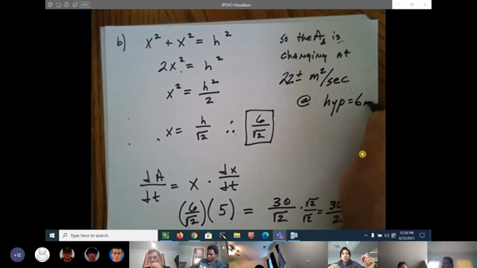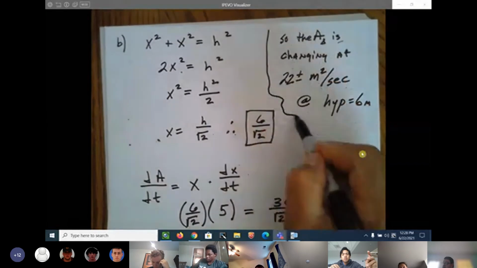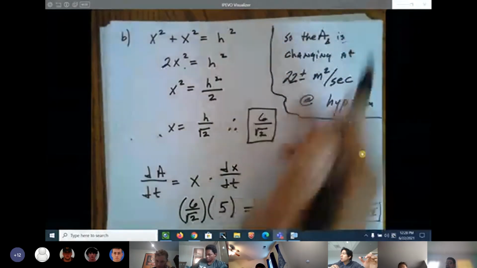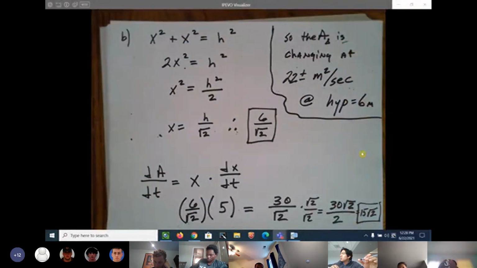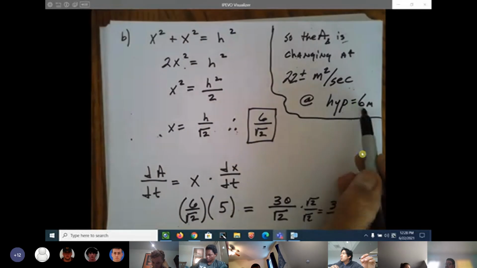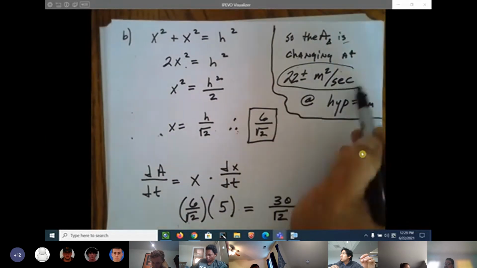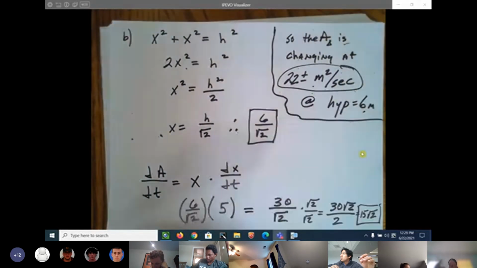Yep. So that area is growing at about 22 meters squared per second when the hypotenuse is equal to 6.